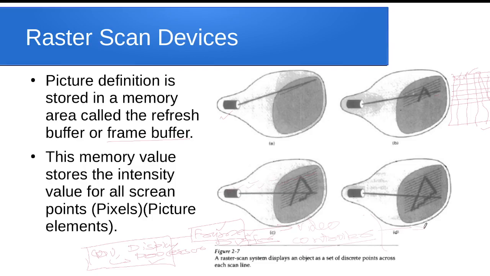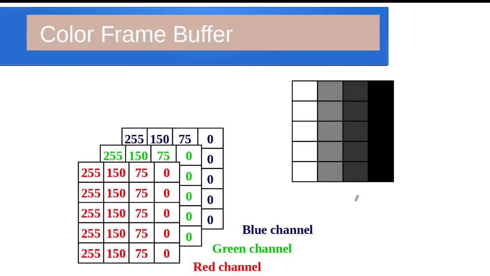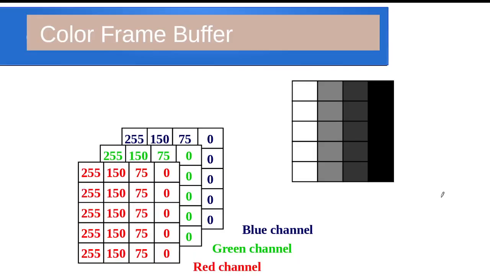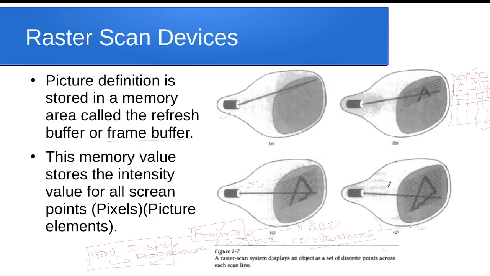So according to a particular pixel intensity, when we are generating the output for a pixel, we are going to see what is there in this position.